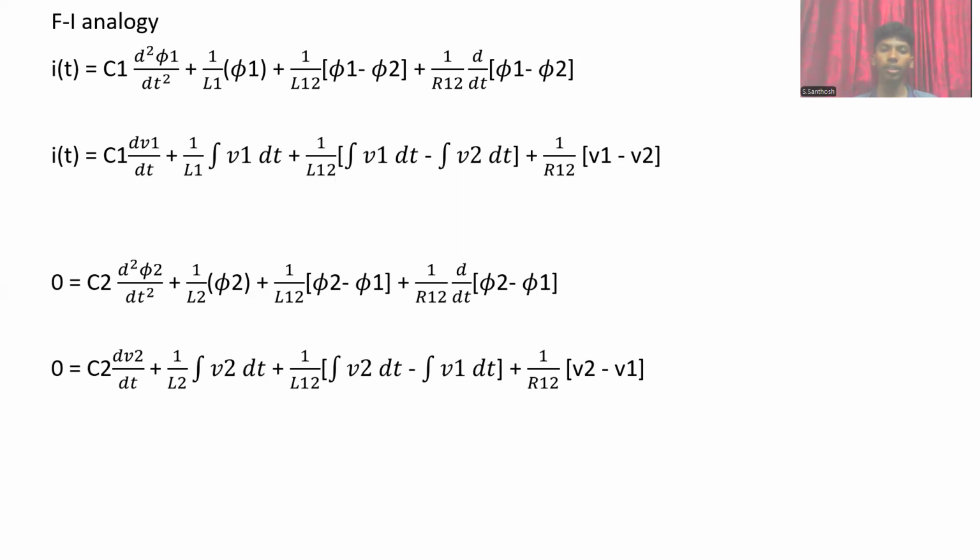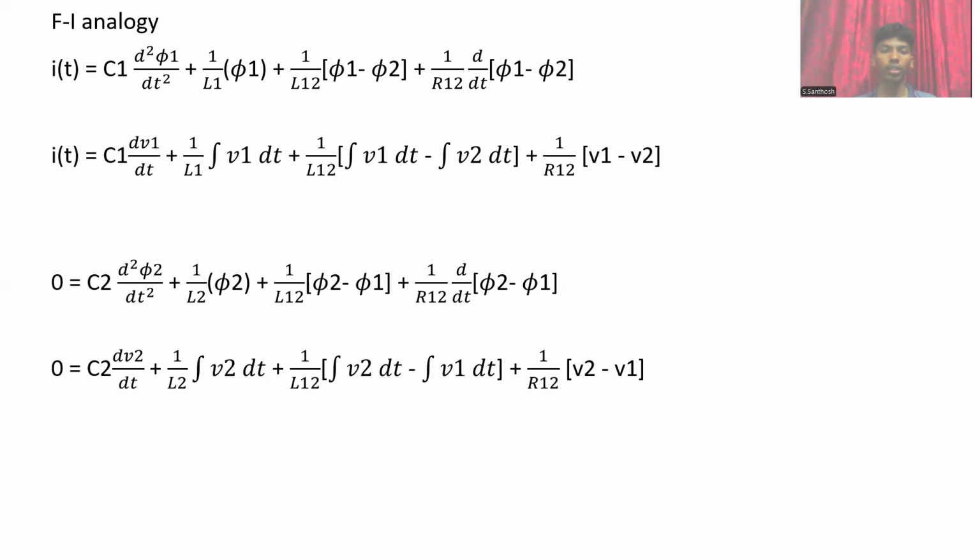And then d phi 1 by dt is replaced with v1, and d phi 2 by dt is replaced with v2. Doing the same thing for the other equation also, we get 0 equals C2 dv2 by dt plus 1 by L2 integral of v2 dt plus 1 by L12 integral of v2 dt minus integral of v1 dt plus 1 by R12 into v2 minus v1.